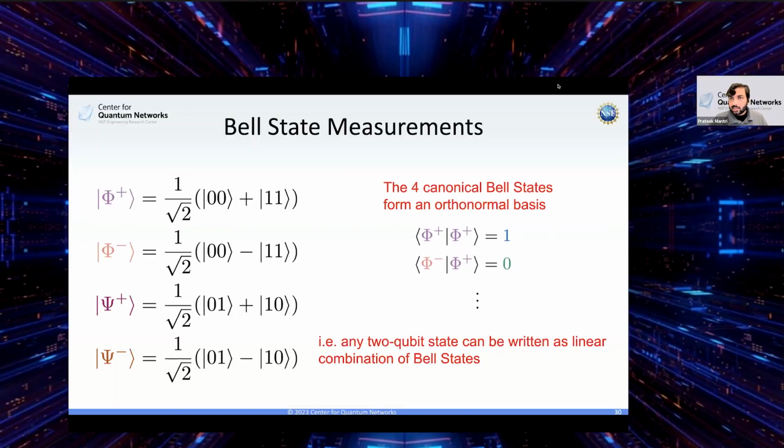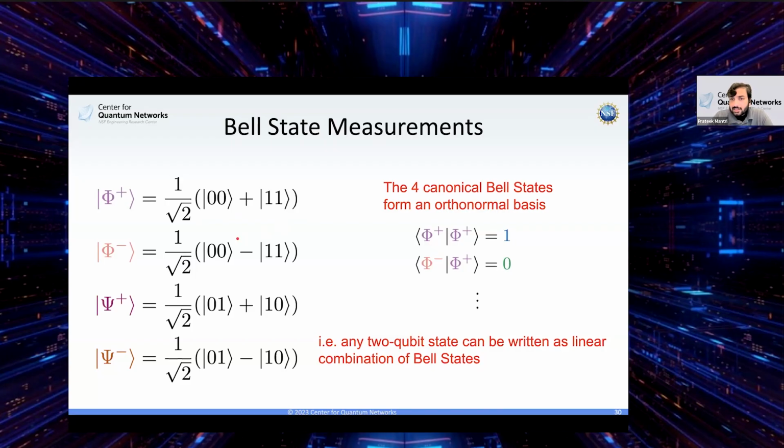So let's start with the basic Bell state measurements. We are familiar with these based on quantum information courses that you might have taken. These are the four canonical Bell states that exist. So you have these correlations between the two qubits, and this is how usually it is defined.